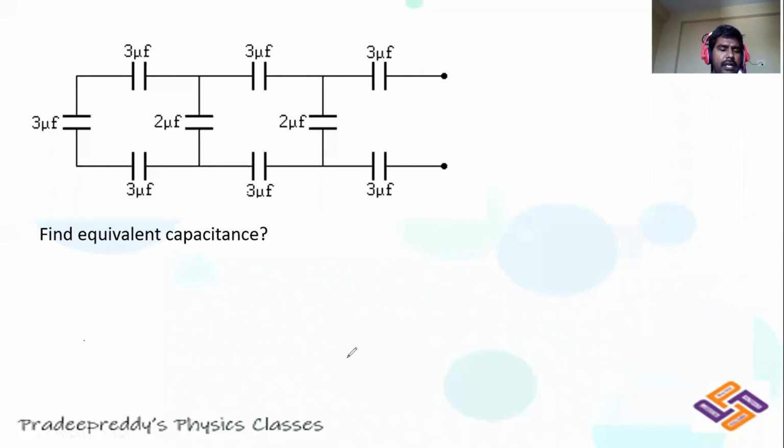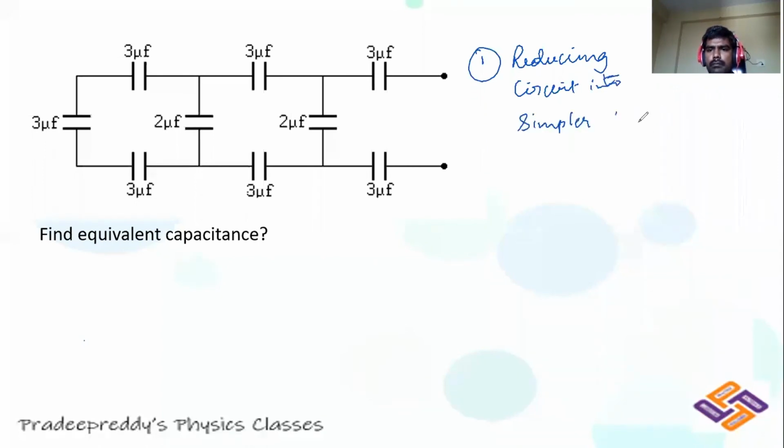So therefore, you can reduce this circuit into simpler form, and you can find out the effective capacitance. So method 1: reducing circuit into simple form. This is by general method.